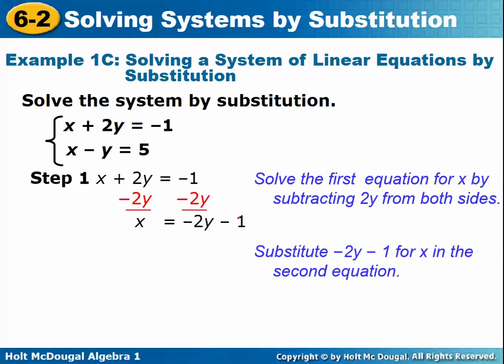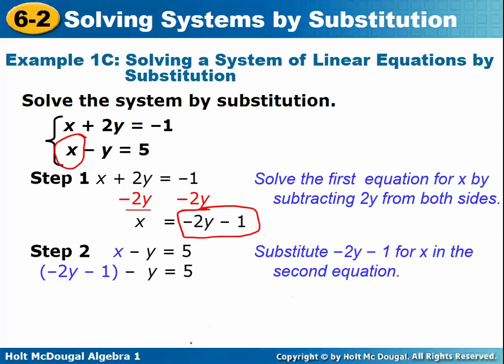Step 2 now is to say, well, now that we know what x is equal to, we will put that in our second equation where we see an x. So our second equation becomes negative 2y minus 1 minus y equals 5. Now this is the same as negative 2y minus 1 minus 1y, and we need to combine our like terms.